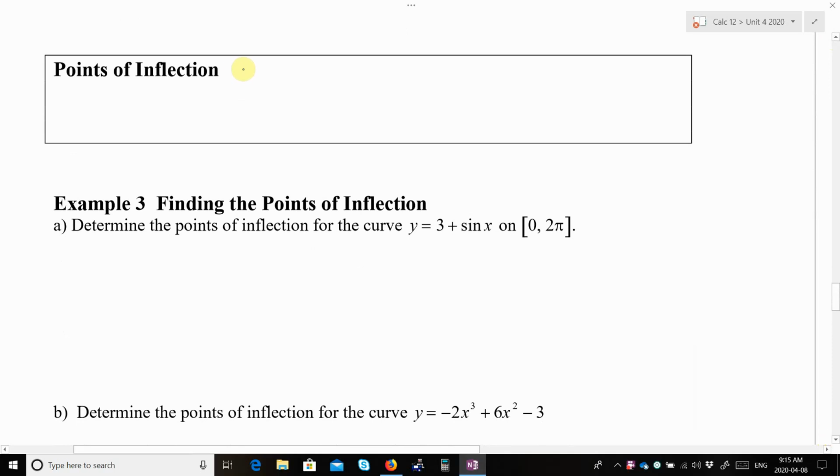Okay, so here's the definition. A point of inflection is a point where the graph has a tangent line and the concavity changes.